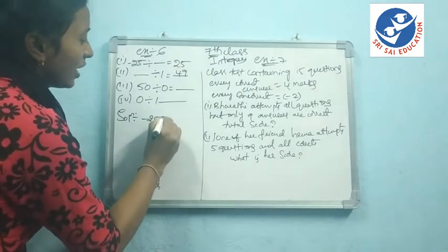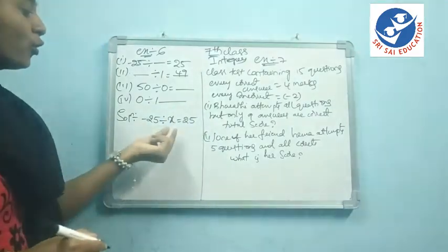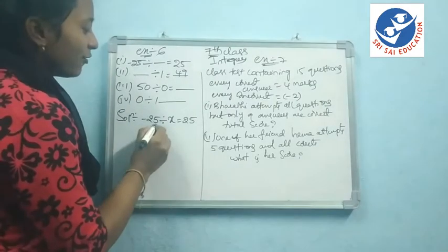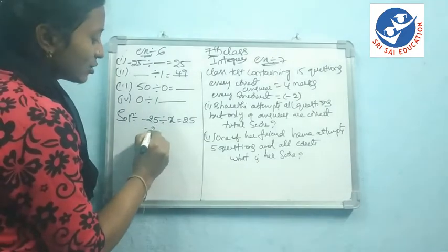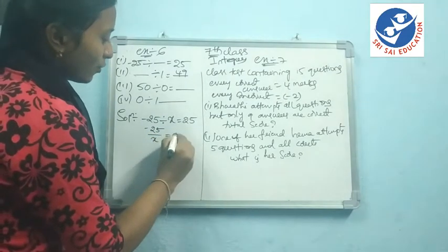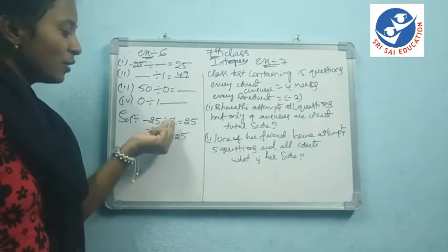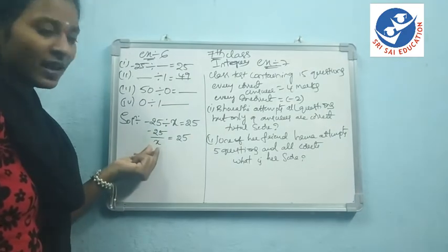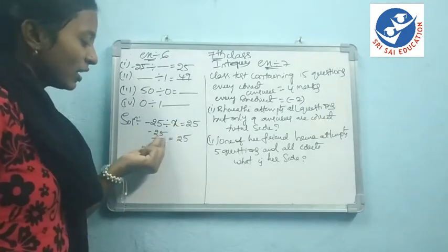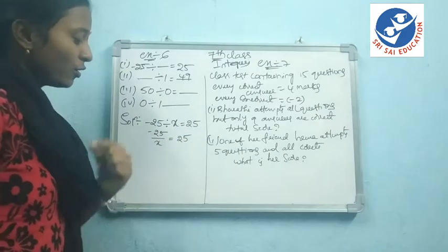Minus 25 divided by x equal to 25. We don't know this number, so we assume that it is x. Minus 25 divided by x means minus 25 by x, equal to the given 25.